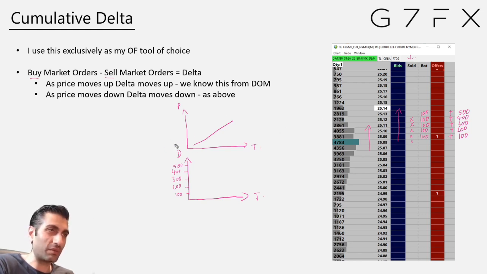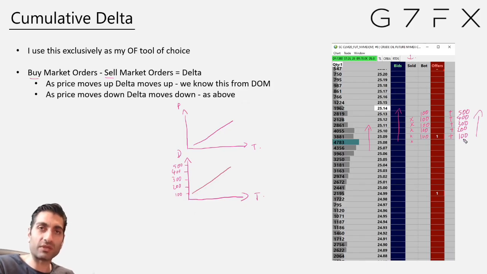It's basically going up. Here, all we've done is delta's just gone up: 100, 200, 300, 400, 500. You've seen this a million times on the depth of market. So delta's going up.